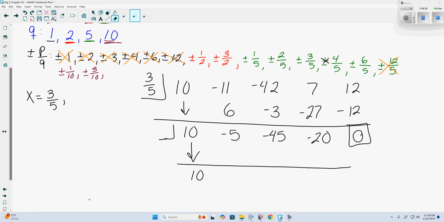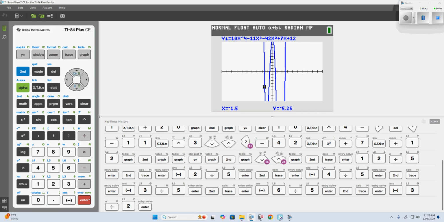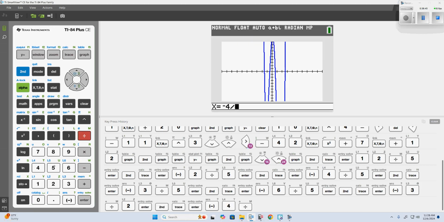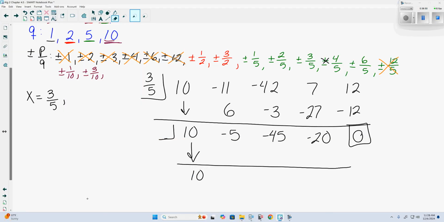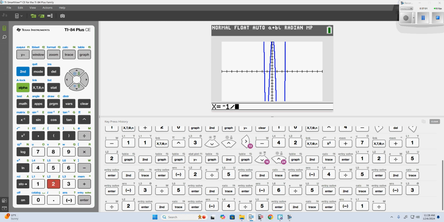I'm trying to remember which one of these is the other solution. Oh, wrong calculator. Negative 4/5, it's too small. Too big, negative 3/5. Negative 1/2. Yep, there it is.